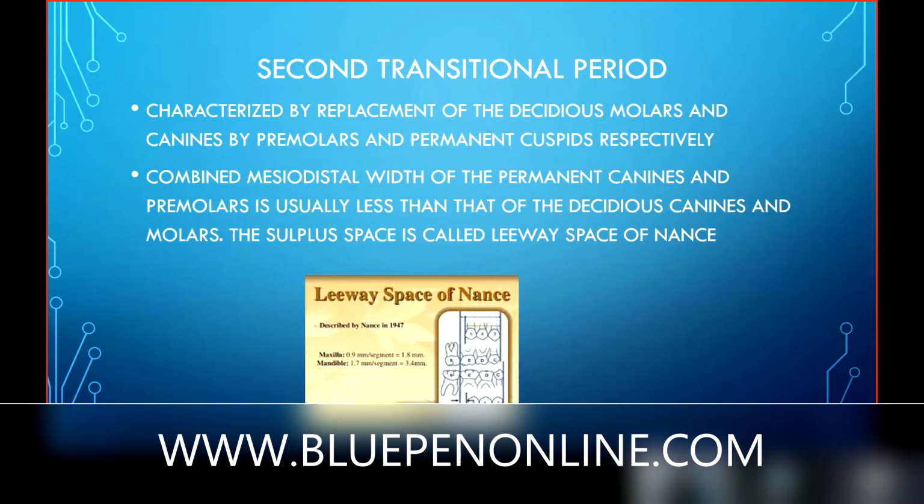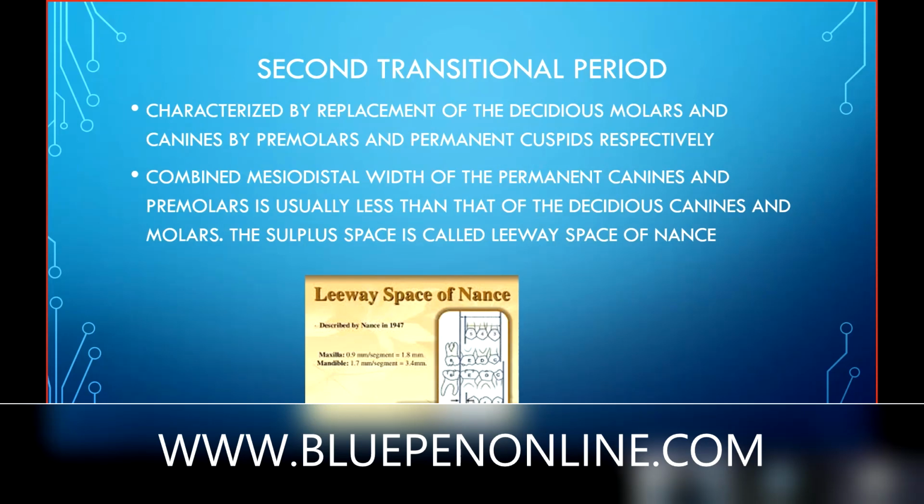Deciduous canines and deciduous molars are big teeth, right? Molars are usually big. So the deciduous canine and deciduous molars together, if you see the mesiodistal width, it is usually more than that of the permanent canine and premolars, because premolars are comparatively smaller than molars. So you have excess space left.